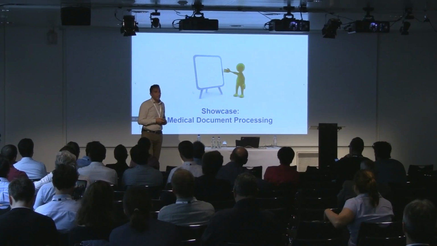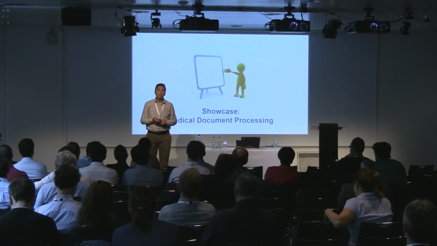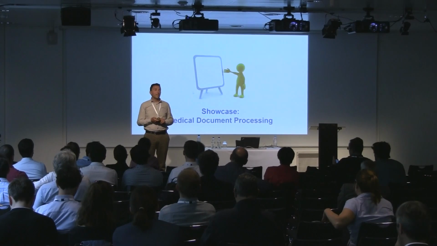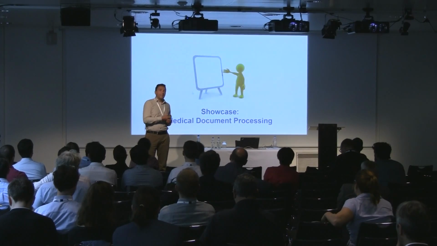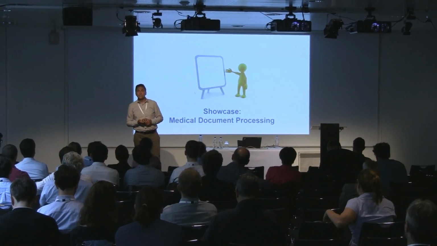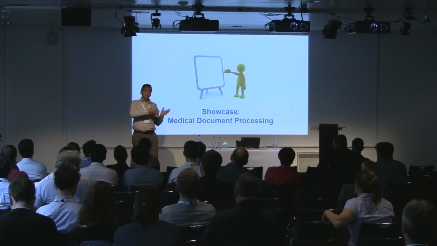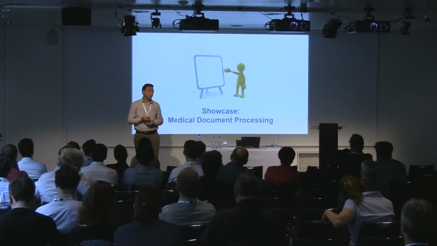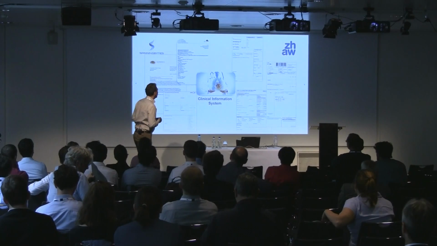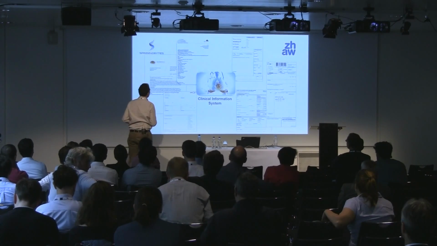And now I want to go into one showcase for medical documents, where we have to identify what kind of documents are coming into an insurance company or to a health agency. So there are very different documents that can come in.